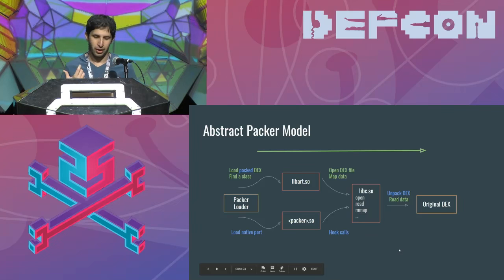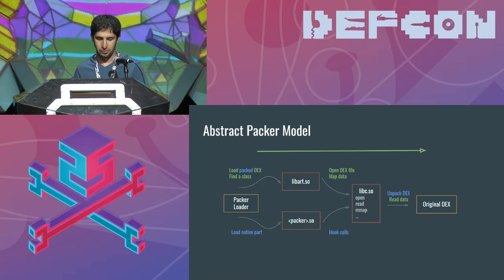So what we thought is that most of the unpacking process will be inside a native library function in a native file. And why? Because reversing a native file is harder for reverse engineers. So it's a good idea to put your unpacking logic in an obfuscated and protected manner. And for that, you need to not do it in the Java bytecode packer loader, but in a separate native file.